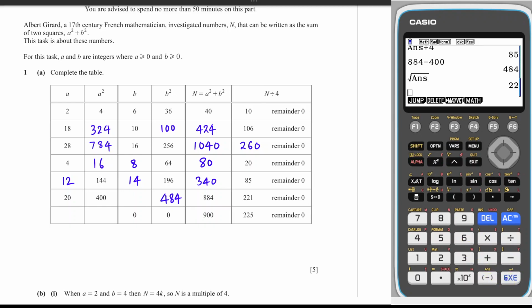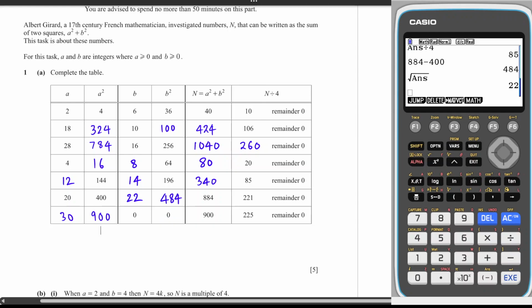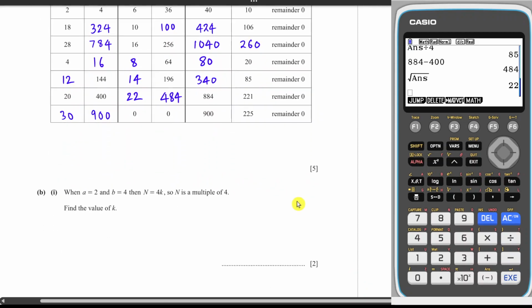So this is 22. And here we have 900 as the total. So this is 30, because this is already 0. 30 squared is 900. So this is our table. This was for 5 marks and very simple. If you know the squares, I think this should just be a 2-minute work.